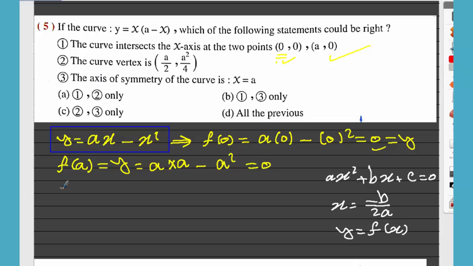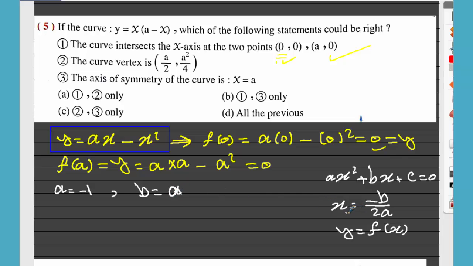So a equals negative 1 and b equals a. A here in this form is the coefficient of x squared. What is the coefficient of x squared here? Is negative 1. And b is the coefficient of x, the number multiplied by x. Here equals a. Okay, so b equals a.